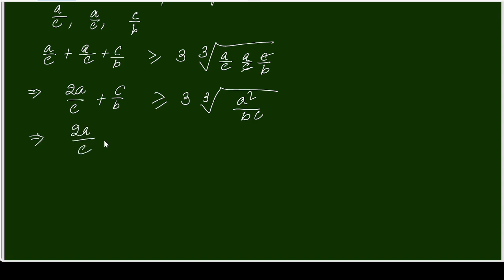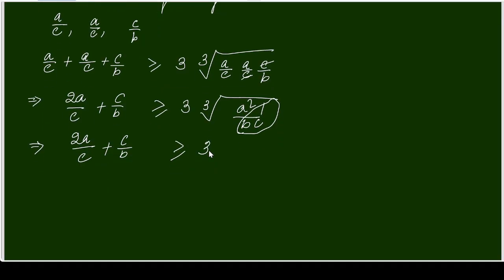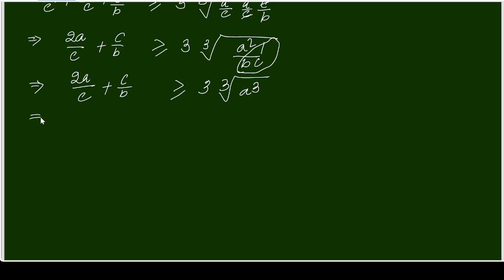Twice a over c plus c over b is greater than or equal to 3 times the cube root of a squared times 1 over bc, and this 1 over bc is greater than or equal to a. So a squared into a, this will be the cube root of a cubed, which is greater than or equal to a. So twice a over c plus c over b is greater than or equal to 3 times a.